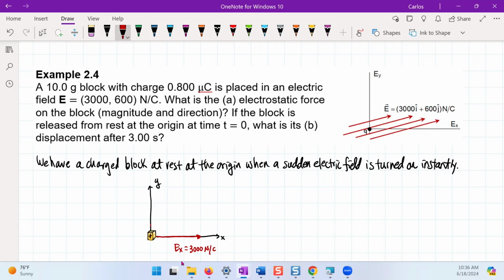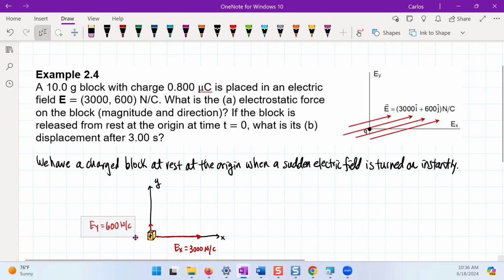So this would then be Ey, which is 600 newtons per coulomb. So now I have my field here. The field direction has to be the same as the force direction, which has to be the same direction as the acceleration.